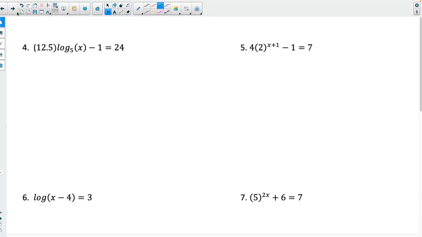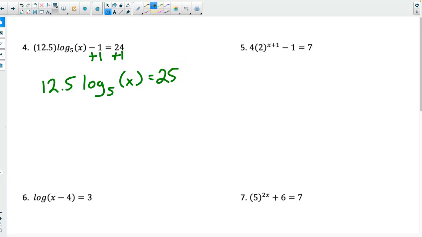So you'll notice with a lot of these log problems or the exponential portion, a lot of times we always have addition or subtraction that we have to get rid of, and then we always are multiplied by something we have to get rid of. So we're going to tackle that first. So I'll plus 1 to both sides, and I get 12.5, and then log base 5 argument x equals 25.